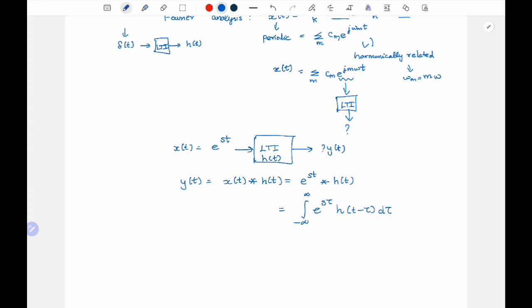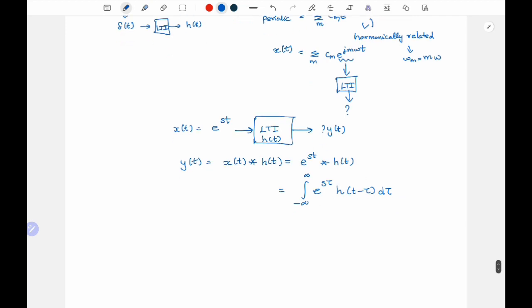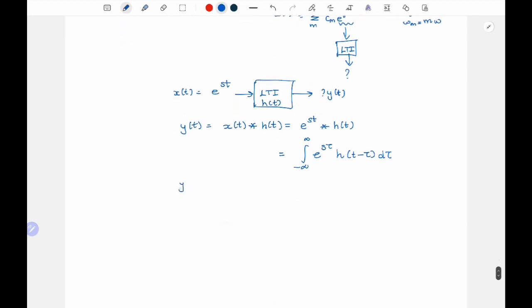Correct? Looking at it this way, you may say that there is nothing much we can obtain from this. But let's use the commutative property of convolution. So now let us write integral minus infinity to infinity h of tau x of t minus tau d tau. So what will you get? Integral minus infinity to infinity h of tau, and x of t minus tau is e power s into t minus tau d tau.